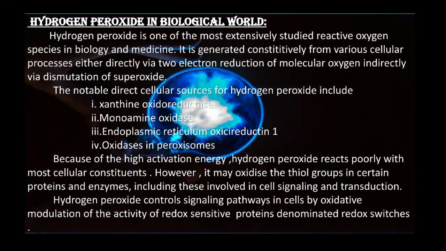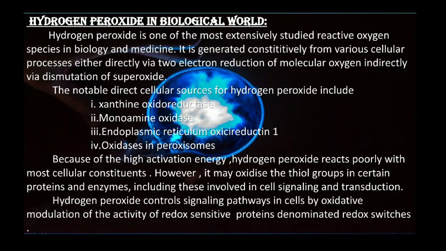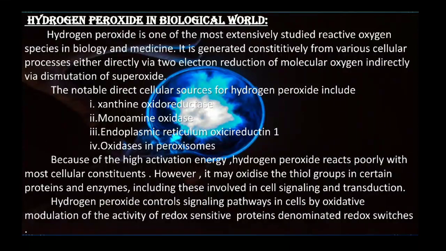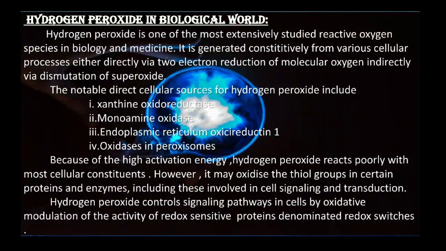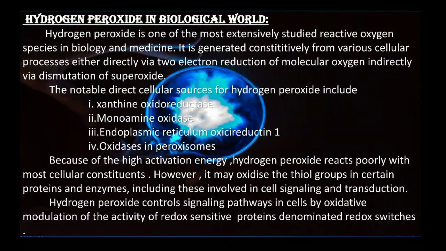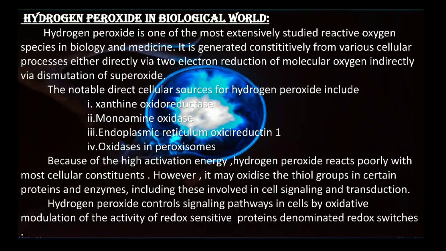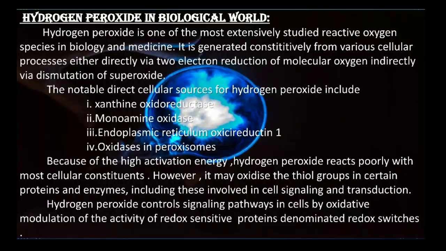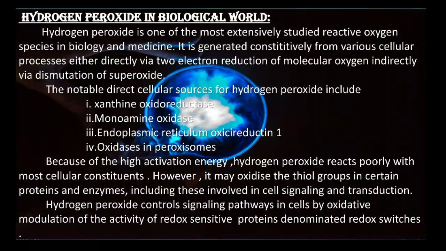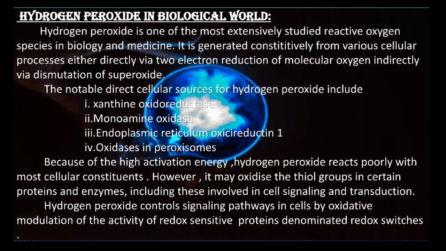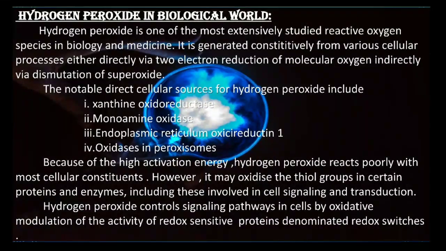and oxidases in peroxisomes. Because of high activation energy, we know it is an energy which must be provided to a chemical or nuclear system with potential reactant to result in chemical or nuclear or any other various physical phenomenon. Because of high activation energy, hydrogen peroxide reacts poorly with most cellular constituents.